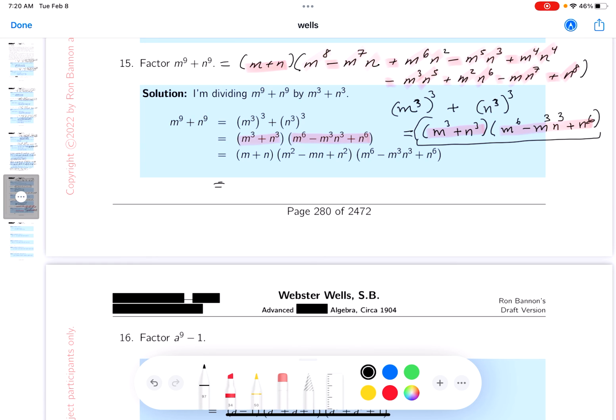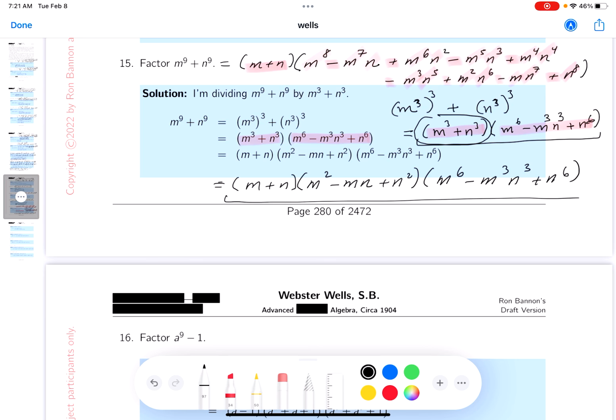I'm seeing this thing, and that's a sum of perfect cubes. That's m plus n times m squared minus mn plus n squared times m6 minus m cubed n cubed plus n6. This is also a fine answer. I want to point out it's also listed over here. And where's that answer over there? Right here.